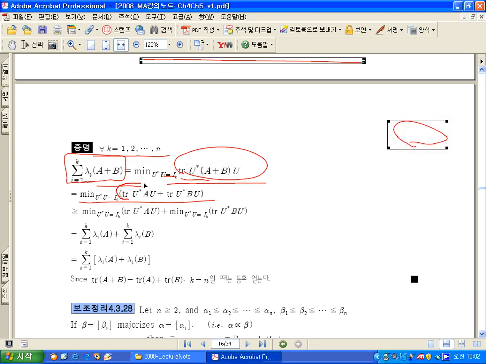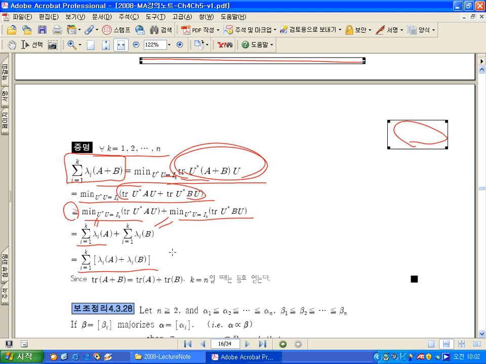Okay, and then this can be written as this, because trace of U star (A plus B) U can be written as trace of U star AU plus trace of U star BU, and we can split it into two pieces with the inequalities. Then we can easily see those are the same as summation of lambda i of A plus summation of lambda i of B. And we can combine those two as one.